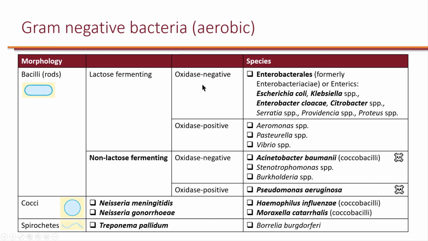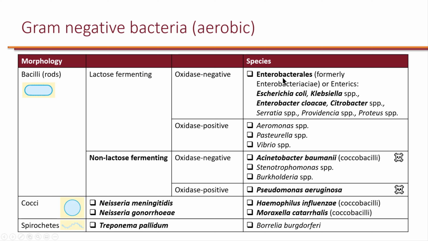But if they do ferment lactose, then they do oxidase tests, and for this course, you don't have to worry about the oxidase test, but know that when it's lactose fermenting, for the most part, we're talking about Enterobacterales.